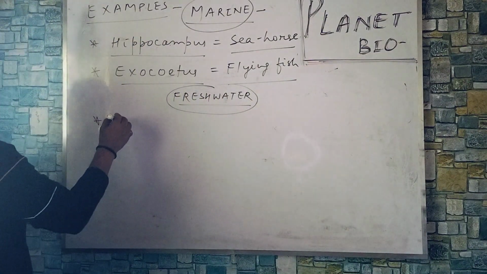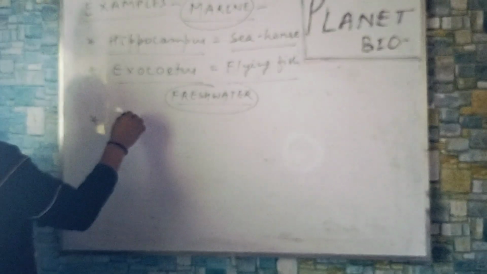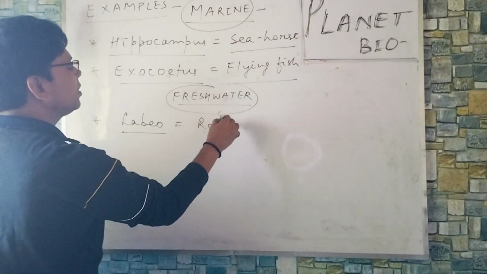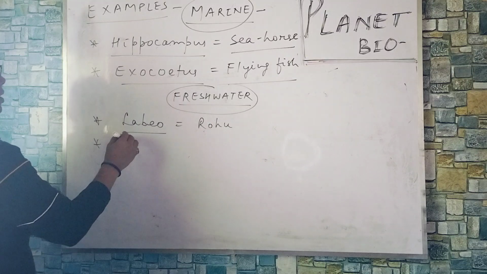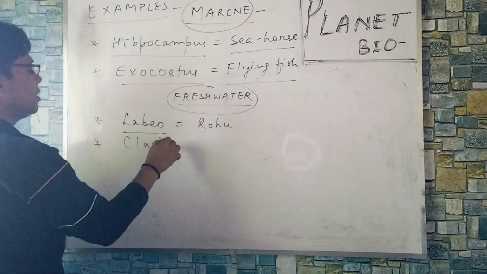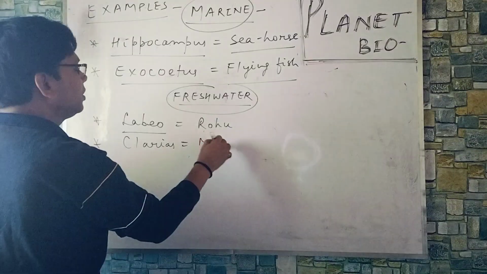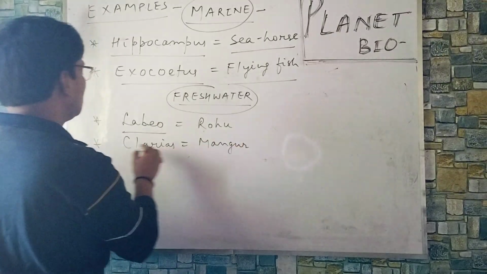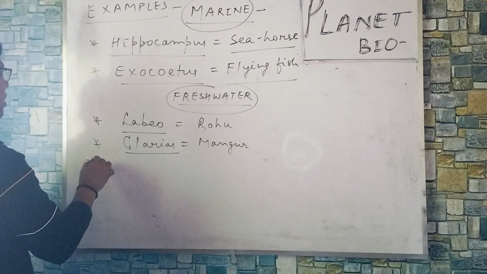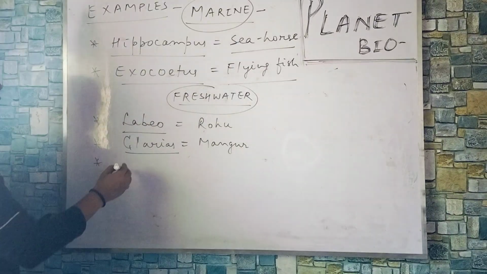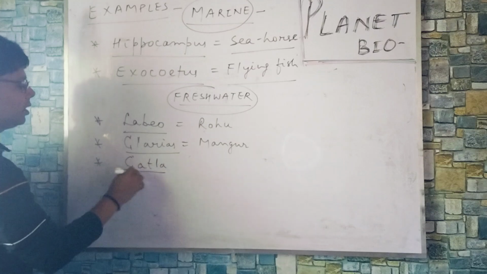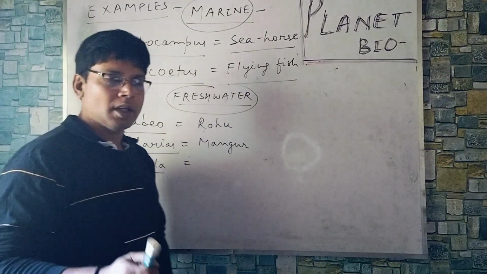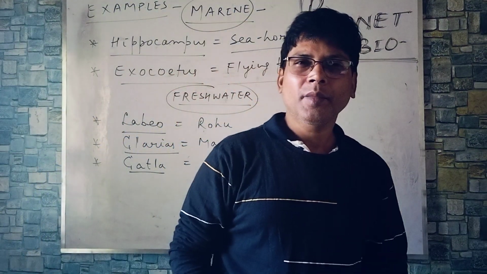First example is Labeo rohita, that is rohu. Another one is Clarias, that is magur. Then one more example, Catla catla, the biological name.